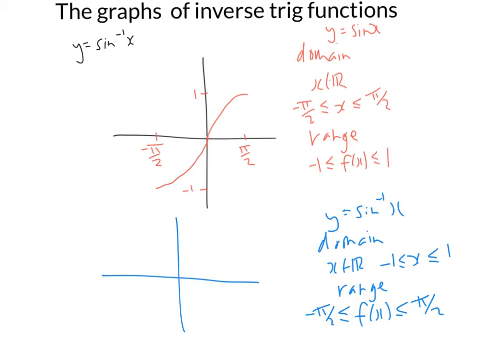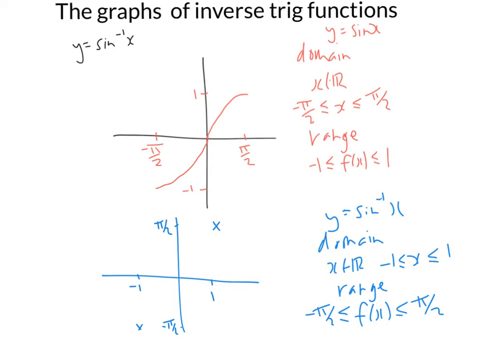When you reflect something in the line y equals x, the y value becomes the x value and the x value becomes the y value. The x and y are interchanged. So we would end up with 1 and pi over 2. And equally down here, we would end up with -1 and minus pi over 2.